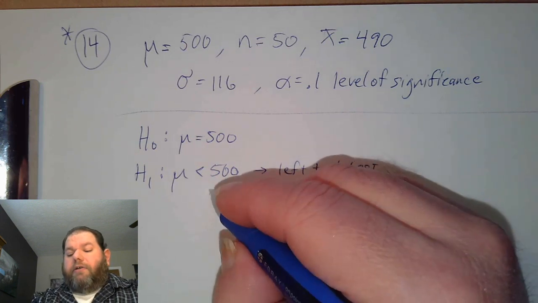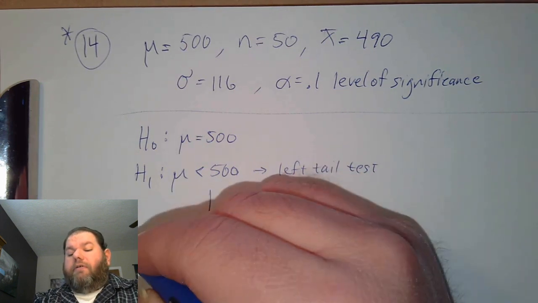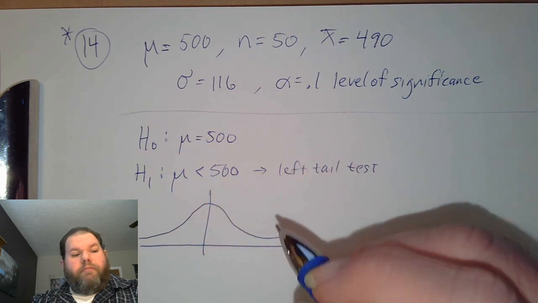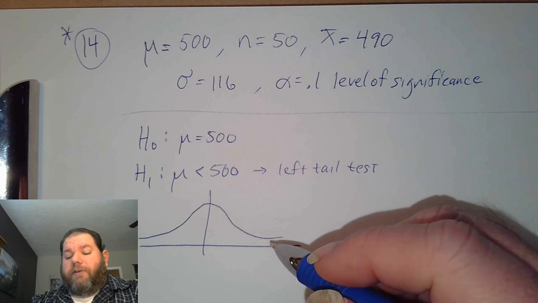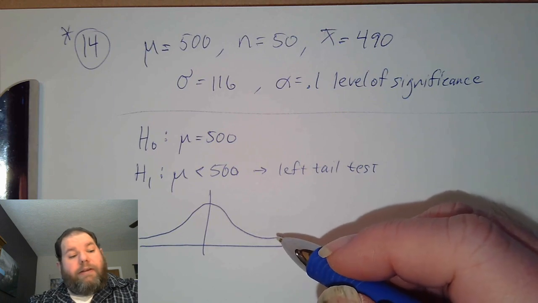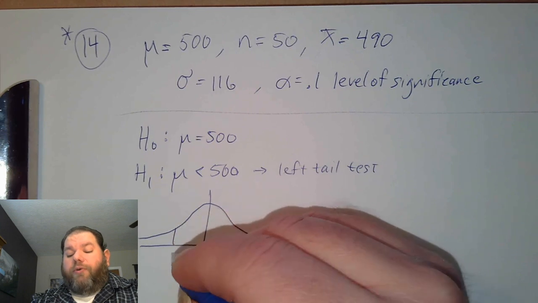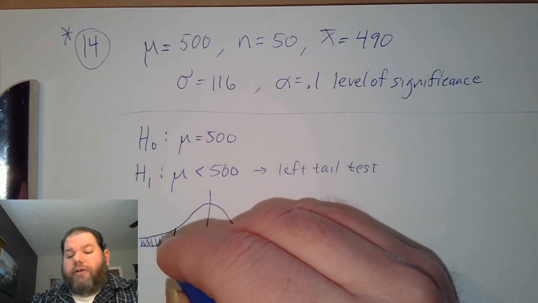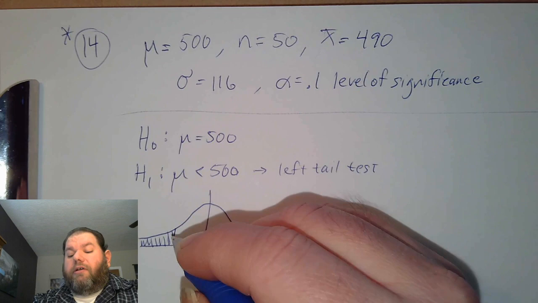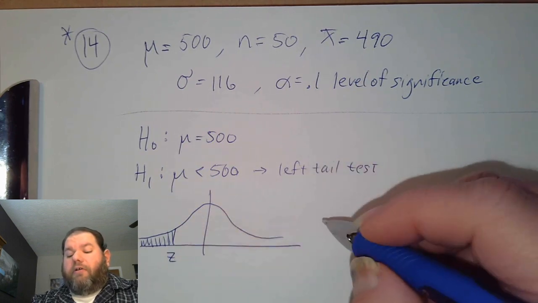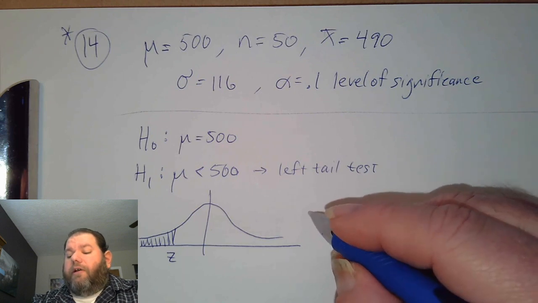Alright, so looking at our graph, my normal curves are like fingerprints. You never get the same one twice. So we have a 0.1, which is a little bit larger area. 0.1 level of significance for our critical z-score.